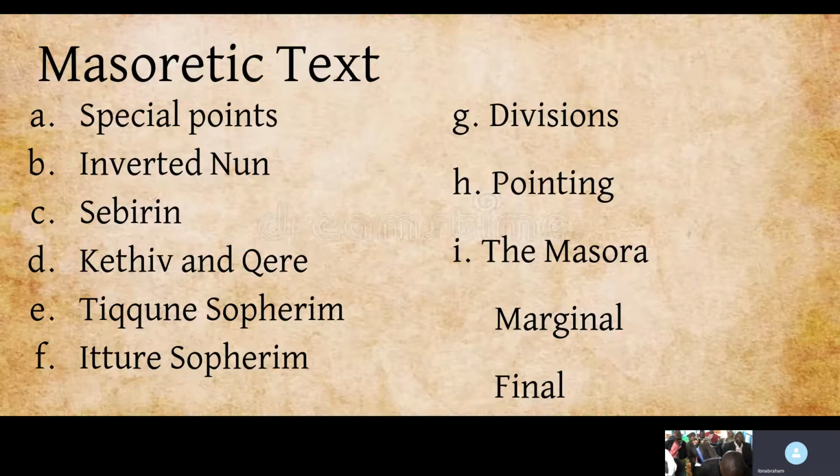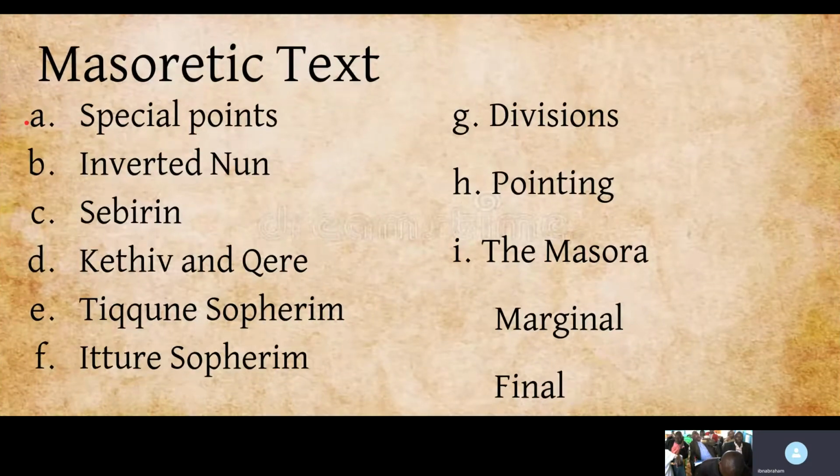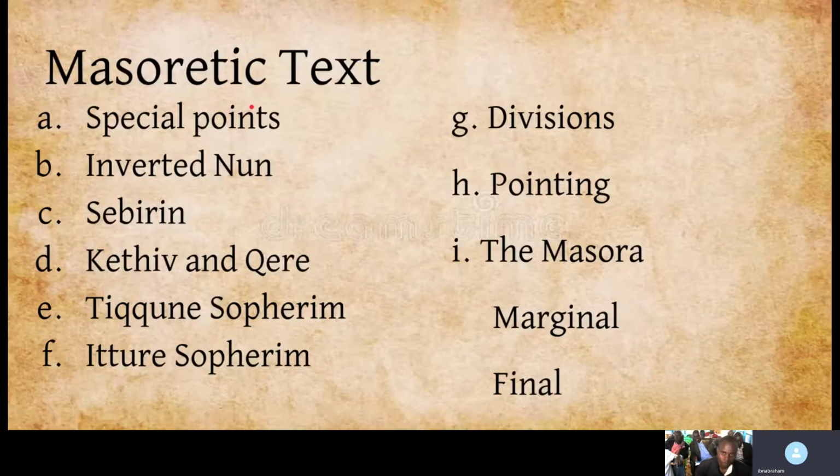These points register textual or doctrinal reservation on the part of the scribes. The scribes didn't dare alter the text, but they wanted to mark the text to say, hey, there's something you've got to think about at these points. So typically these are little dots that are placed above letters, dot, dot, dot, dot, dot, all the way across in Hebrew.